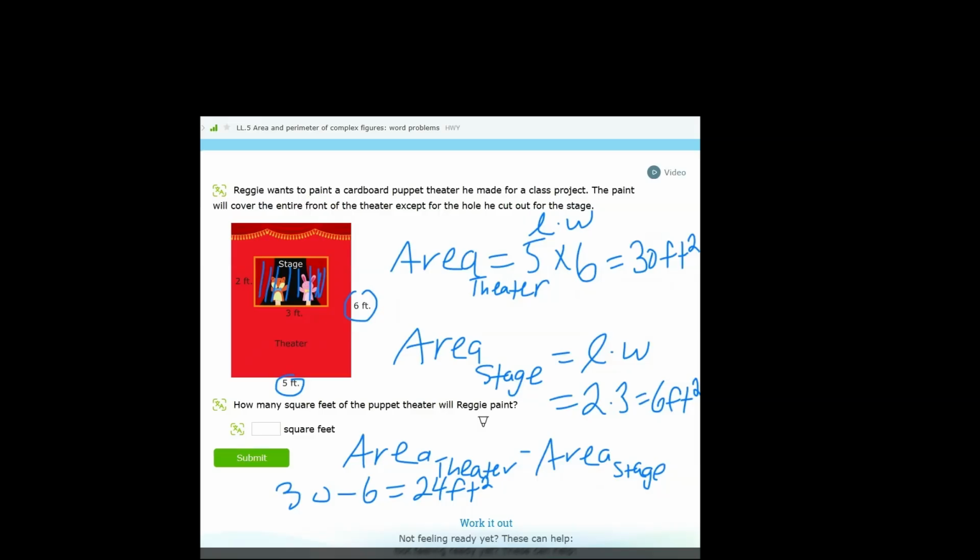Because remember, Reggie is only painting the theater part, not the hole for the stage. We have to find the area of the entire theater and then find the area of the stage, and then we just subtract the area of the stage from the area of the theater.